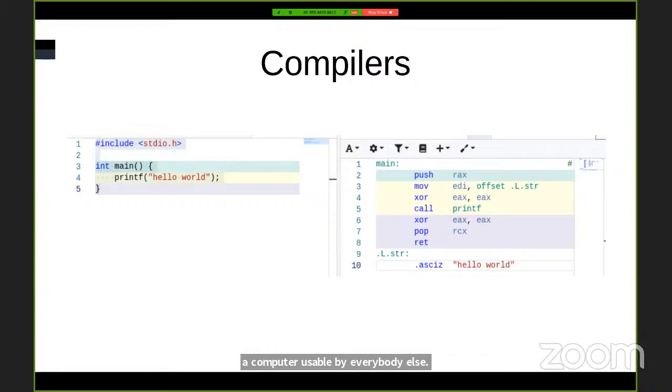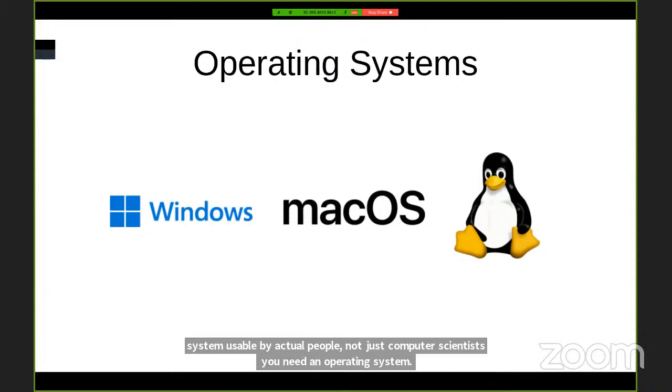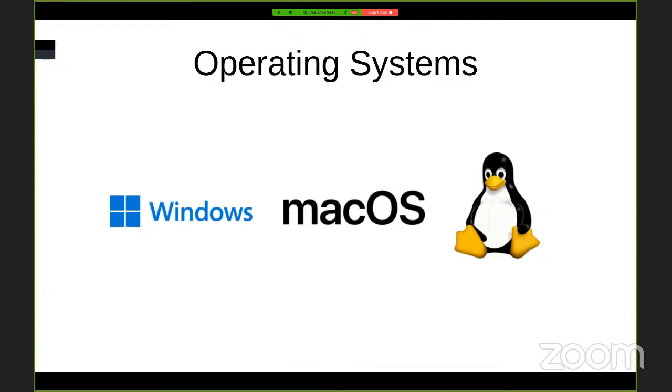Once you have a processor and a compiler, to make a system usable by actual people, not just computer scientists, you need an operating system. And an operating system is a piece of software that serves many purposes. There are 3 popular operating systems: Windows, Mac OS, and Linux, my personal favorite.